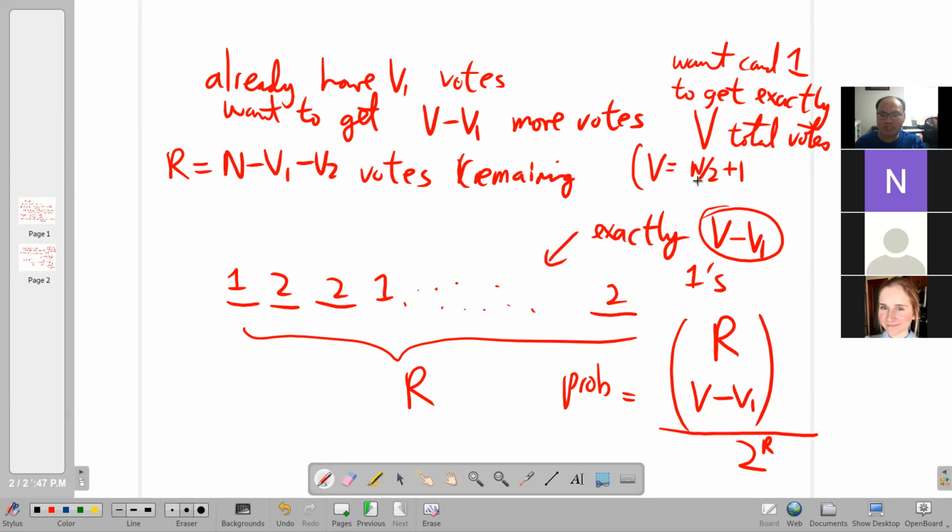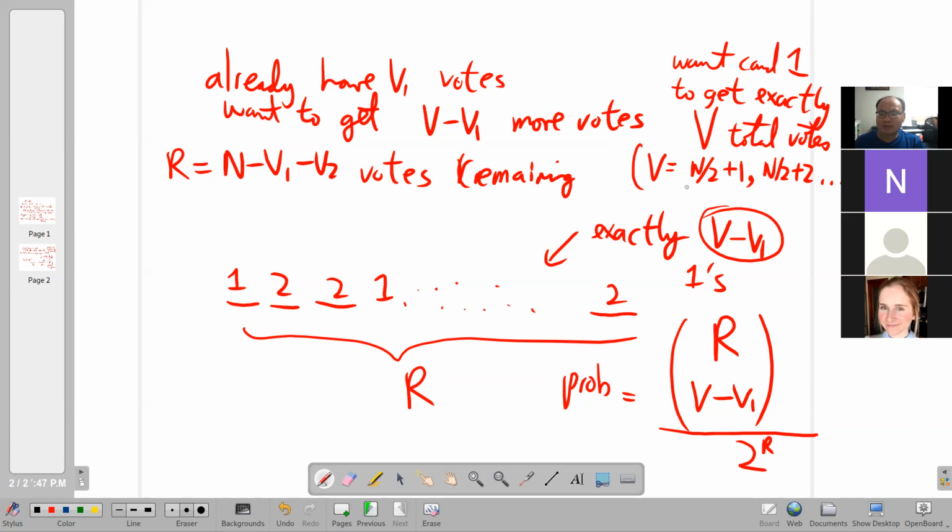Now I'm writing the plus 1 because N/2 plus 1 is the smallest number that is more than half of the total. N over 2 plus 2, dot dot dot, and then I guess N minus V2. That's the most you can possibly have, because whatever V2 already has, you cannot get them.